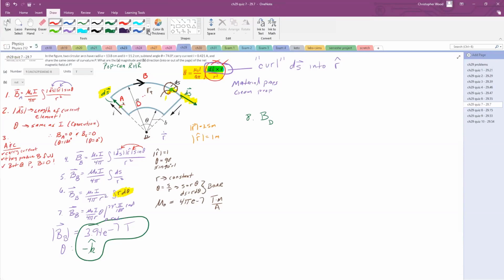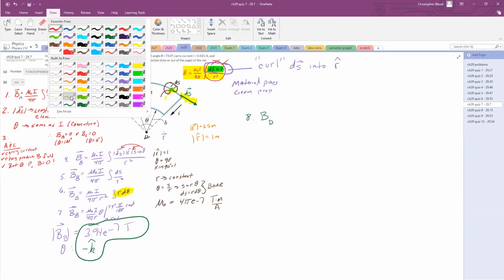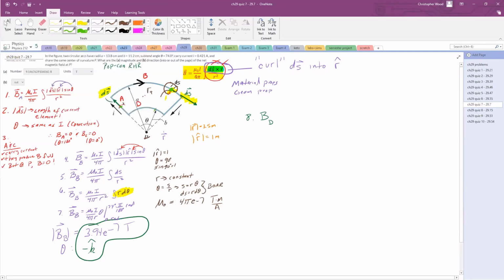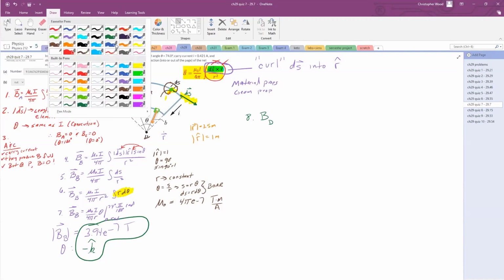I'm going to, once again, indicate my fundamental setup. There's my little element. And this is important because things are a little bit different. It's still called DS. It still has a unit vector pointing toward the point that we're interested in. There's my unit vector. Here's my DS vector, and this is different.